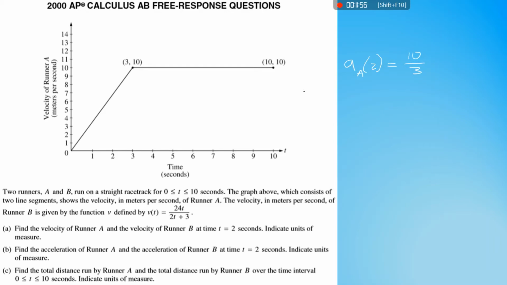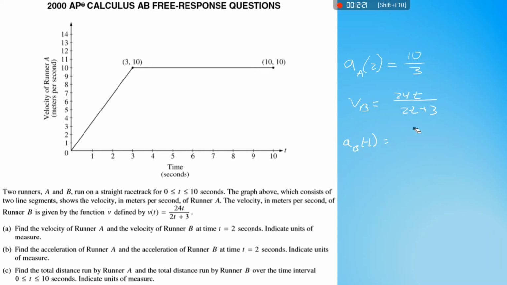Okay, and then for runner B, how can I get the slope from this velocity? Derive it and plug it in. Awesome. So I'm going to derive this. a_B at t equals v prime.